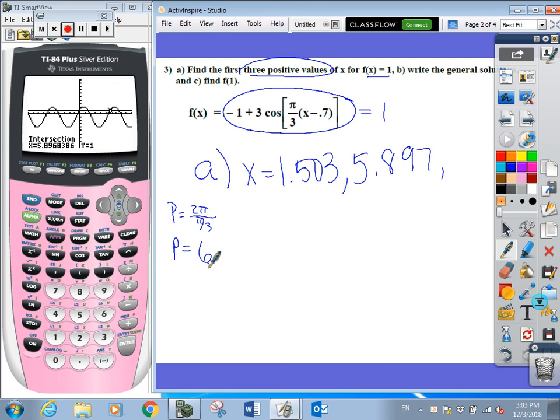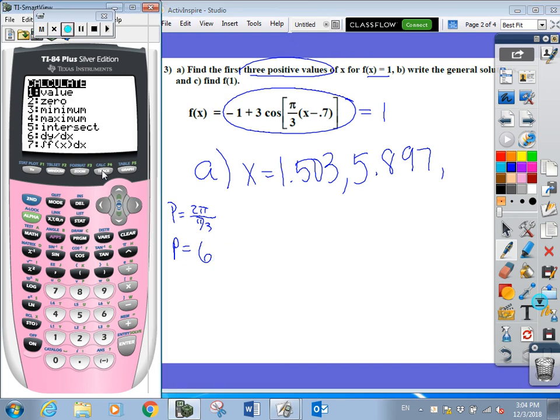So we could add, now let's think about that. Also, 1.503 plus 2 pi. I mean, we don't just know that off the top of our head, so you'd have to do that, but that's not even the case. Or, check it. Okay, so let's see if that is 1.503 plus 2 pi.